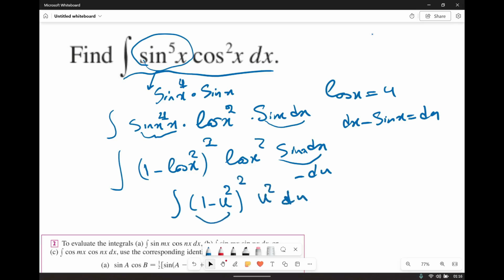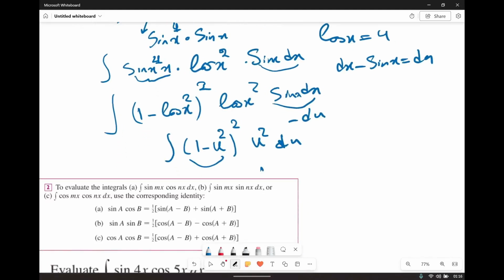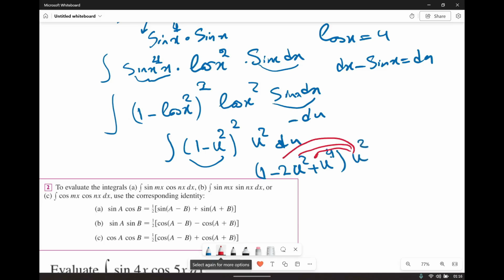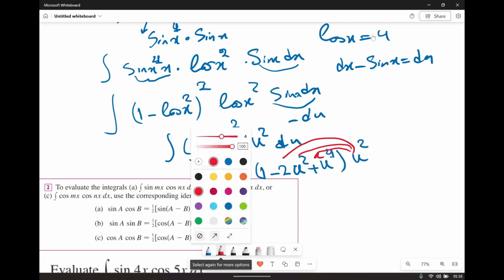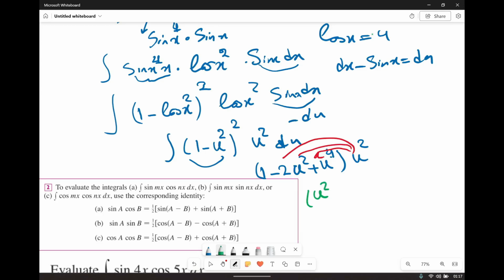Now I open the parenthesis: 1 minus 2u power 2 plus u power 4, multiplied by u power 2, which is exactly u power 2 minus 2u power 4 plus u power 6.